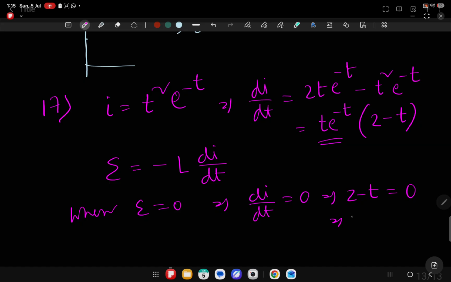So t equals 2 seconds. Okay, so at 2 seconds epsilon is becoming 0. Okay, fine. So now let us do 18.